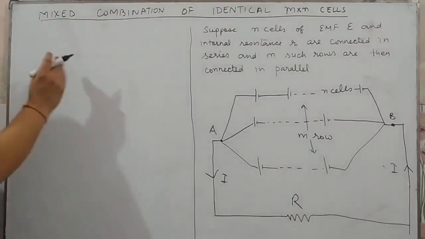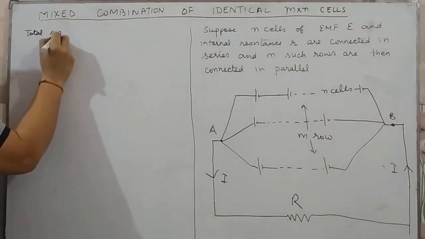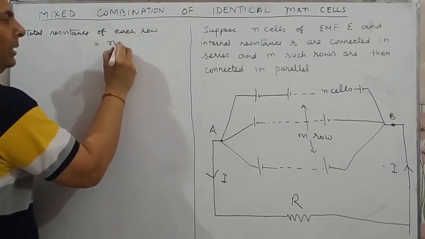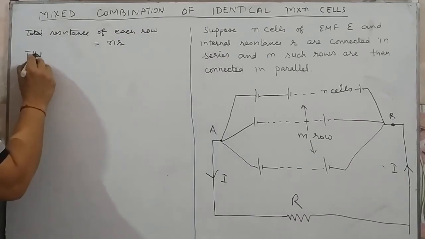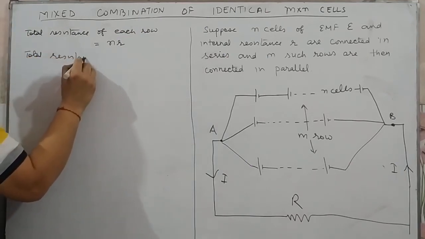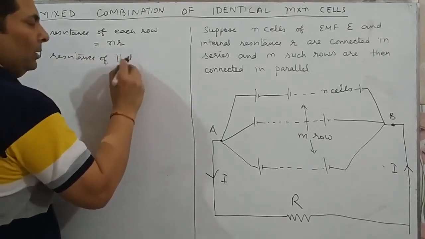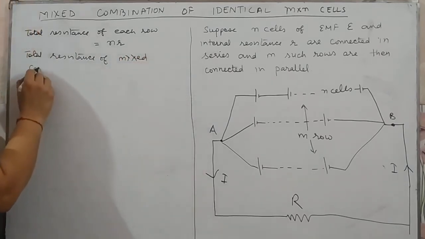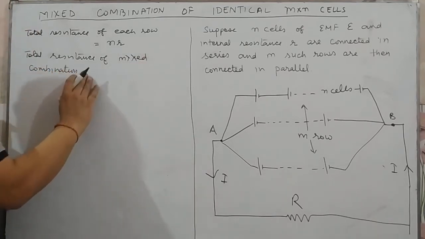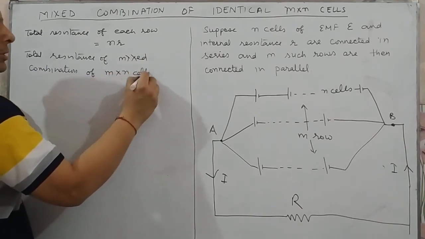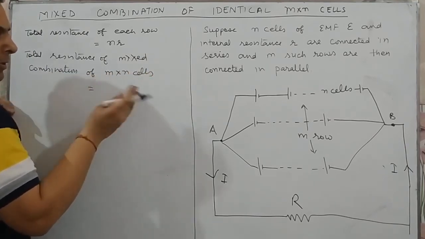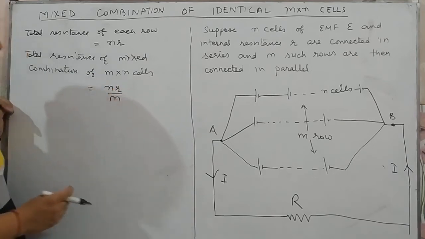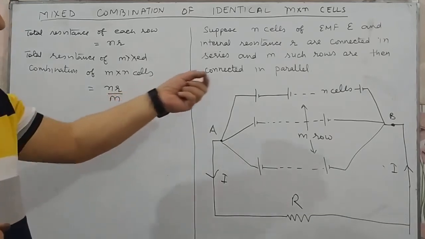Let's take the total resistance of each row, that is n times r. Then the total resistance of the parallel combination, the mixed combination of m into n cells, is not mr as we would normally take, but nr upon m, because in the previous case we have seen this is the total resistance of each arm divided by m.